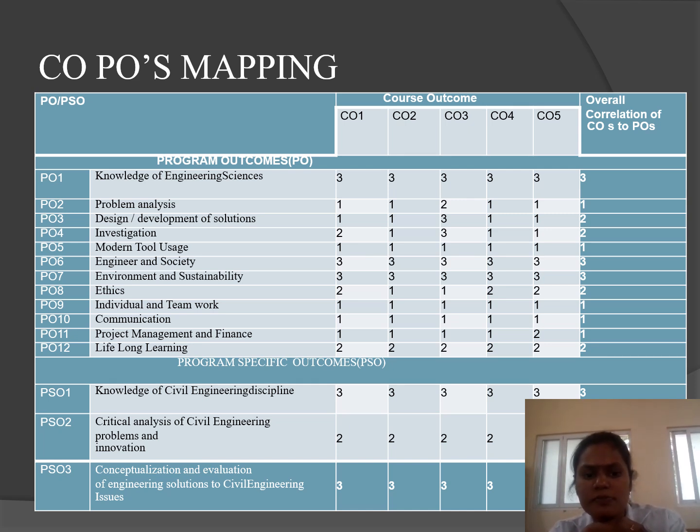In this subject, CO2 maps as follows: knowledge of engineering science is 3, problem analysis is 1, design and development of solutions is 1, investigation is 1, modern tool usage is 1, engineer and society is 1, environment and sustainability is 3, ethics is 1, individual and teamwork 1, communication 1, project management and finance 1, lifelong learning is 1.